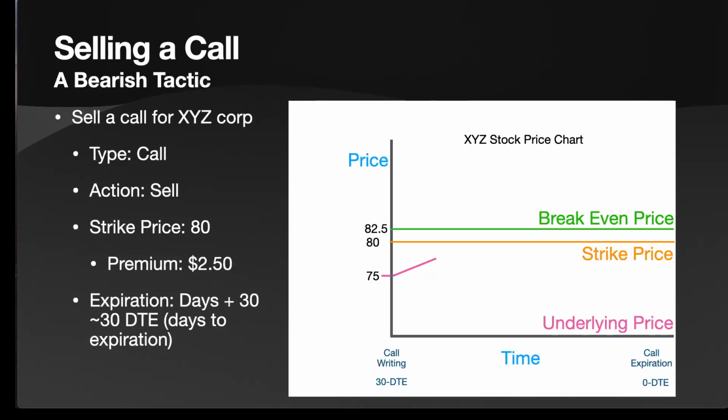Now, as the seller, when the value of the call increases, we're going to be taking, let's call it, an unrealized loss, right? So we're going to lose a significant amount on the value of that call that we're short, right? As the price goes back down and further away from the strike price, our premium that we sold, or the value of the call that we sold, is also going to decrease.